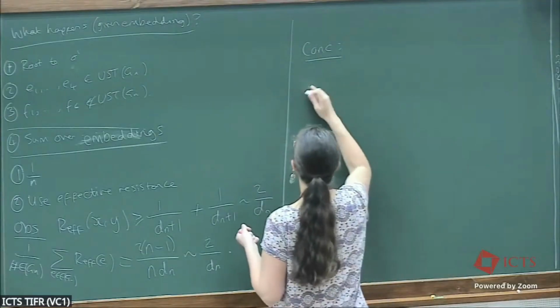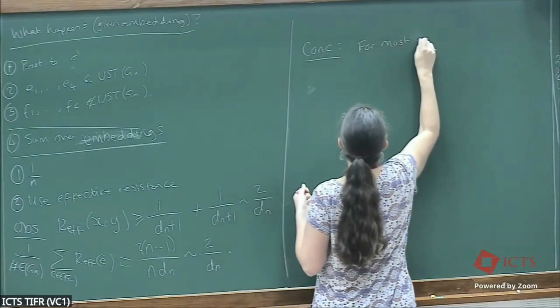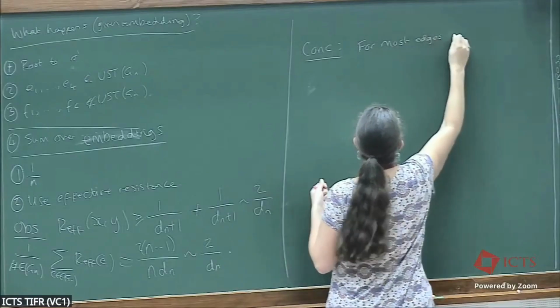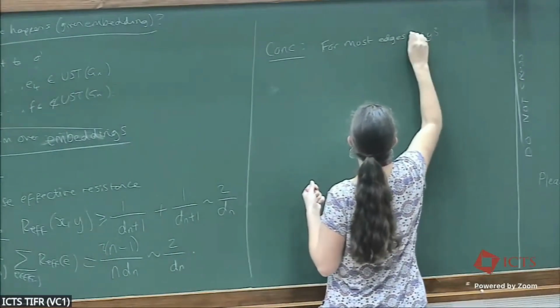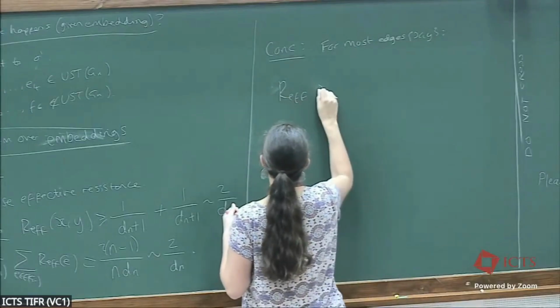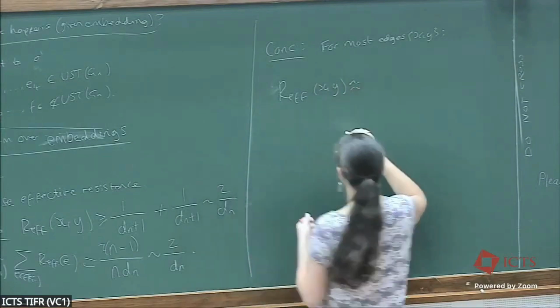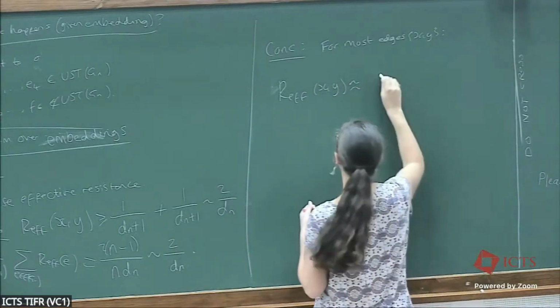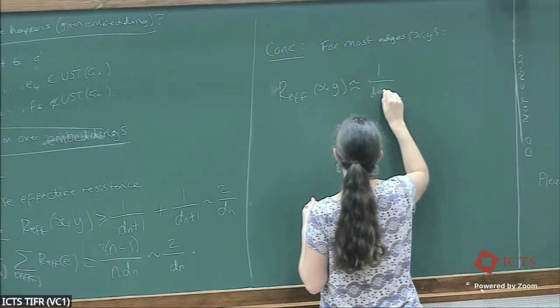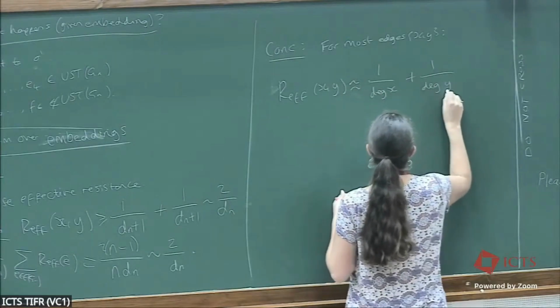So, for most edges x, y, the effective resistance between x and y is roughly equal to, and I'm not saying precisely what I mean by roughly equal to, 1 over the degree of x plus 1 over the degree of y.